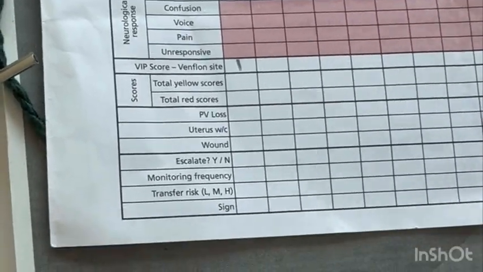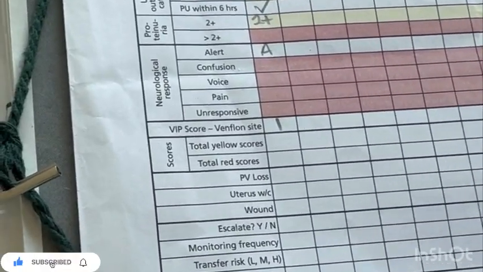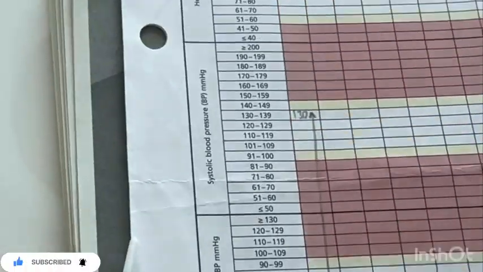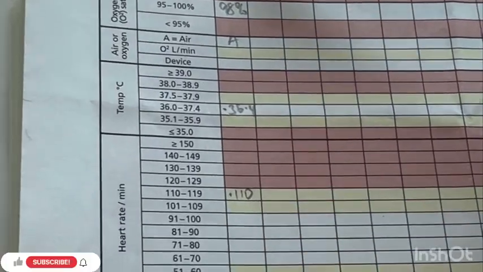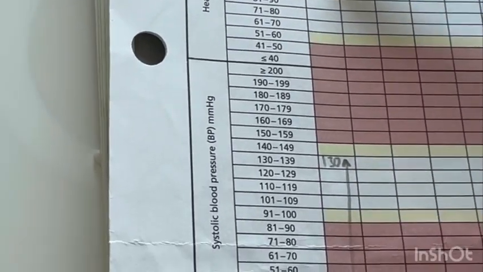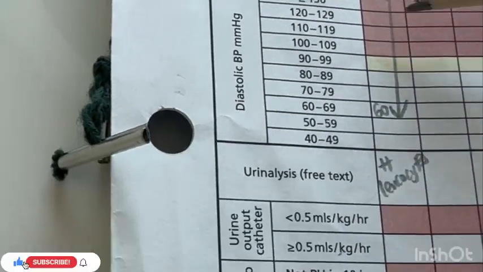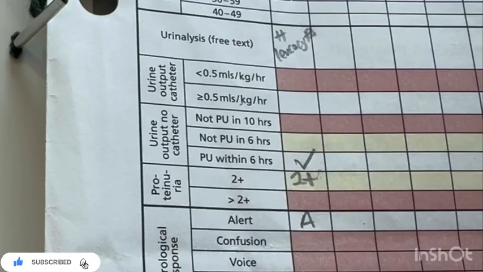So, guys, when you get to this side, you are going to count the number of yellows that you got and the number of reds that you got. So we go back up and start reading through. Okay, so that's 1 yellow, at the heart rate. And then we had another yellow here for proteinuria.